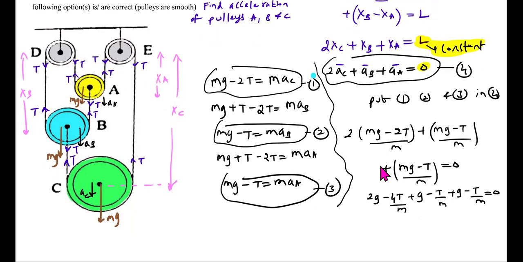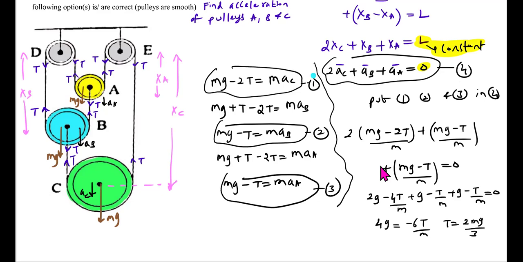So this will become 4g equal to 4T by m plus 6T by m, so T equal to 2mg by 3.